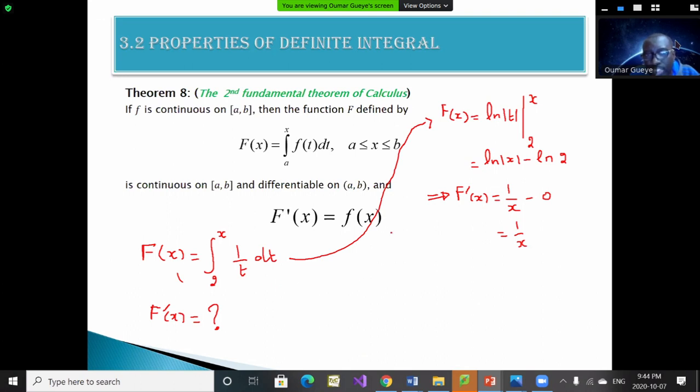Okay? You see, this is a long way to get the answer. But the theorem says you don't need to use a long way, because you can just get it exactly. Instead of calculating the function first and then differentiating, based on what the theorem says you just have to take this function inside, 1 over t. You have 1 over t inside the integral, and you replace the t by x.